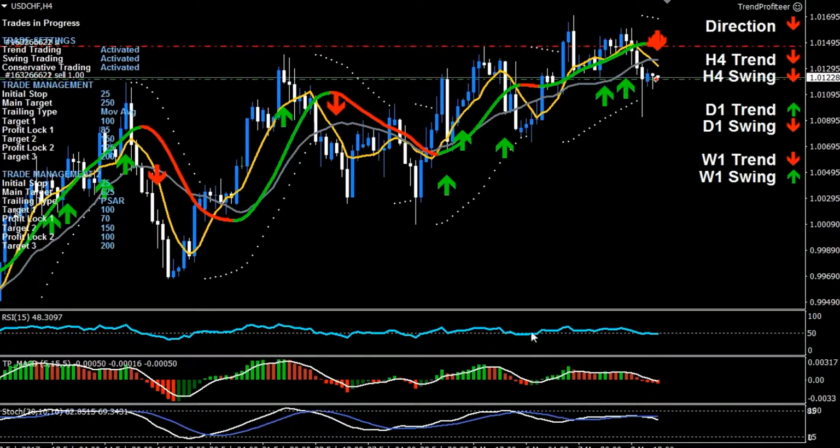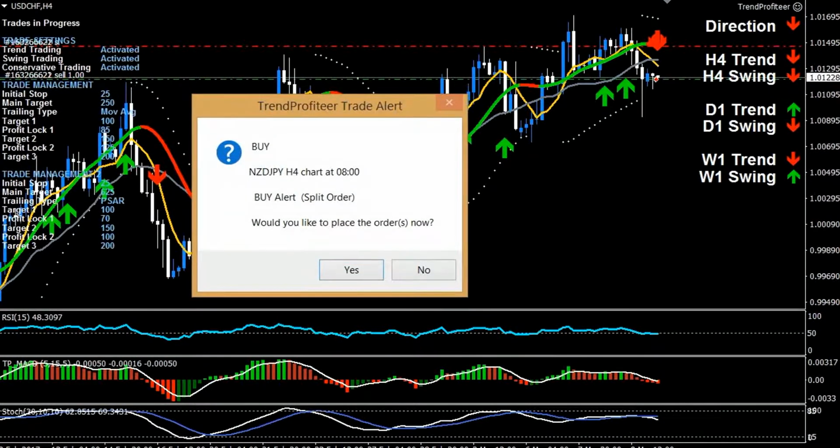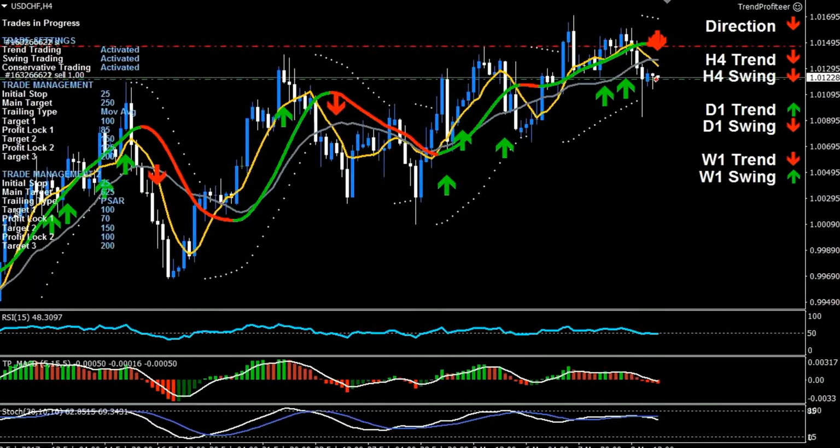So I'm going to leave this chart for now, but I'm just going to bring this back on the screen. It's a Kiwi yen. And you can see, well, actually, just before I do that, you can see here we've got a risk of about 26 pips, which is not a lot. Now, recent lows is around 26 pips.